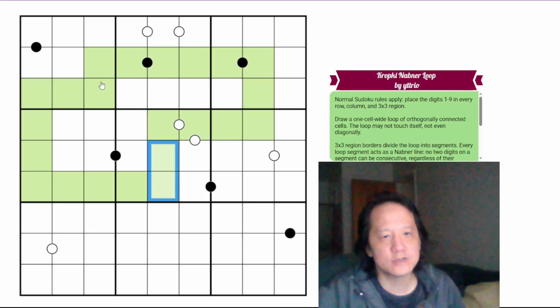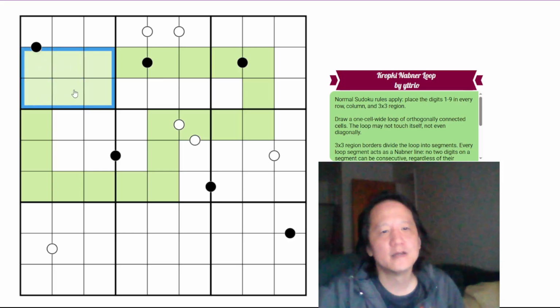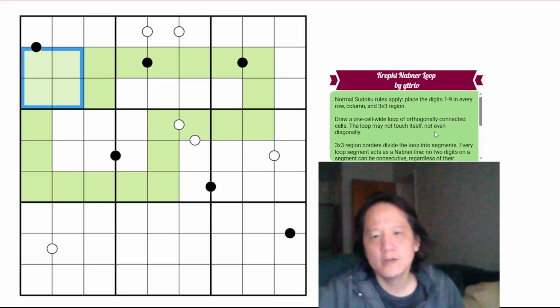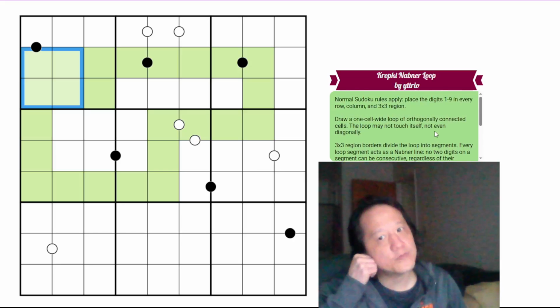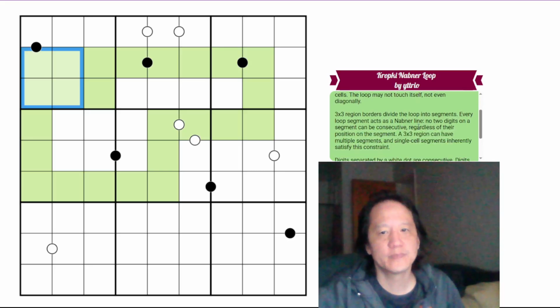Also, you can't do something like, say, try to make the loop go like this, right? So it would go like this, at least for this rule set, because this cell shares an edge with 3 cells on the loop, and that's not allowed, right? Because it would be considered touching itself by going this way. Anyways, that's how the orthogonally connected loop works.